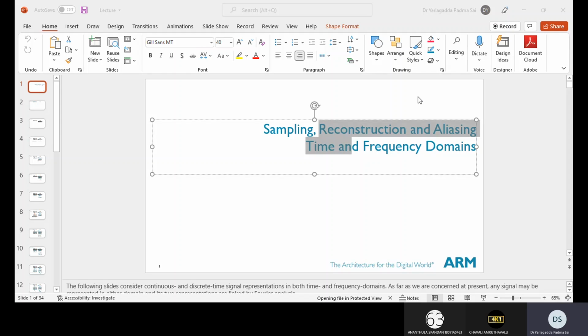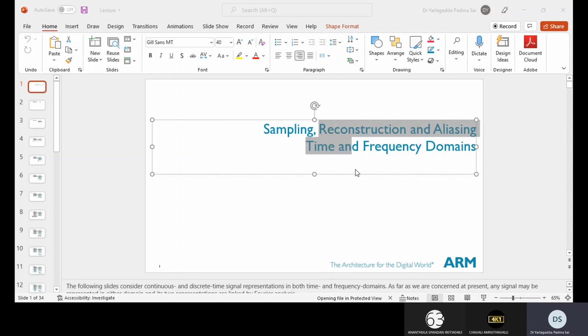Whereas in the digital case, actually all real-world signals are continuous. Whatever signal you capture, whether it is temperature, humidity or my speech signal, all are in continuous form. Why are we converting into digital or discrete? For easy processing, and not only processing.